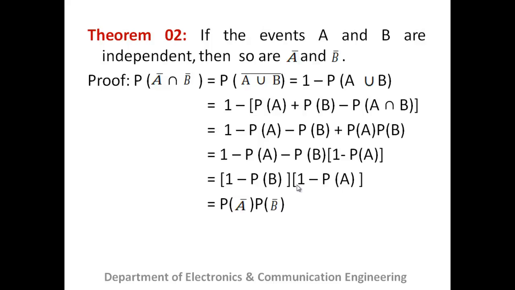So we have obtained the product of the probabilities of A complement and B complement, which simply suggests that the two events A complement and B complement are also independent.